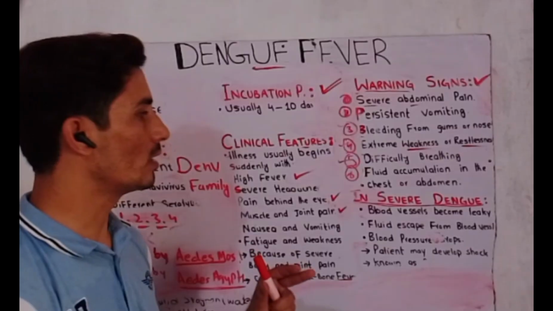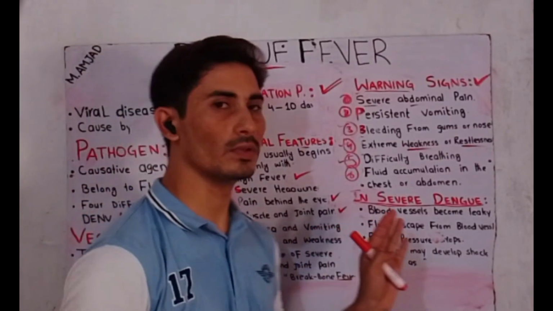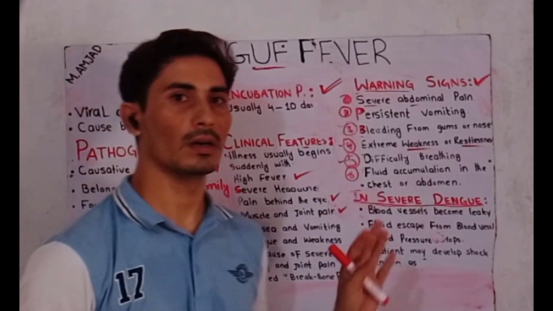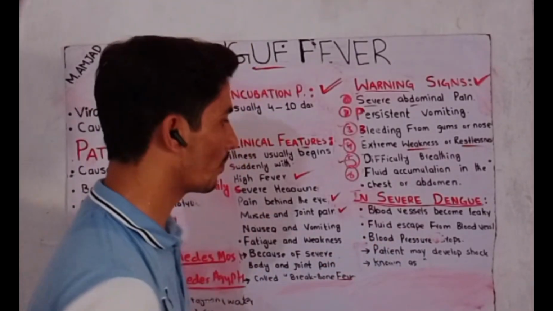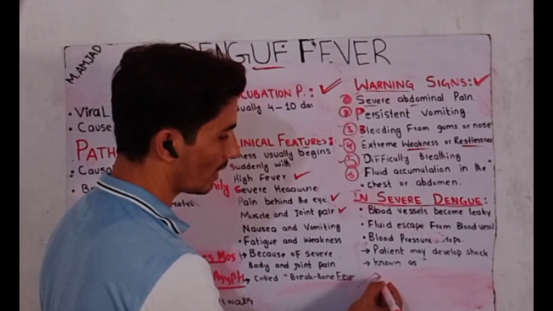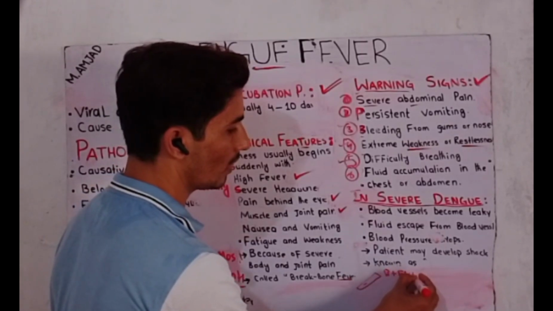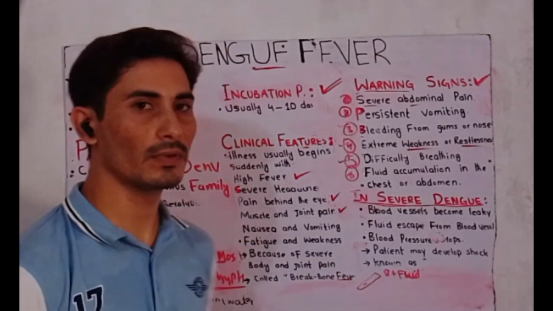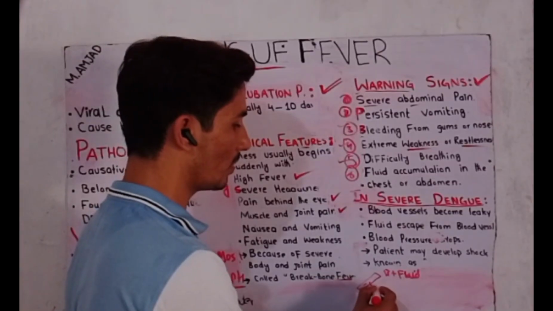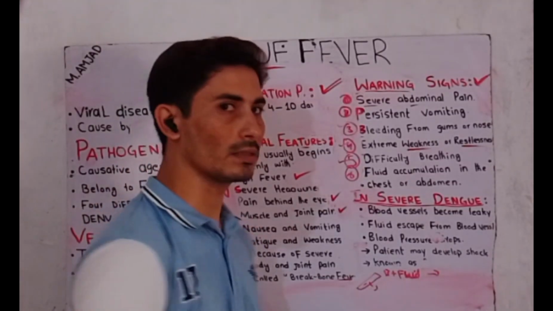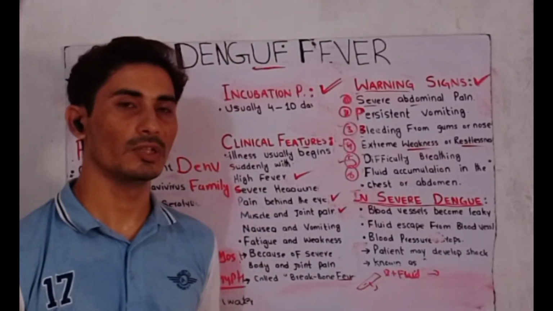And the most important thing I want to discuss with you is what happens in severe dengue fever. Your blood vessels contain blood plus fluids. In severe dengue fever, the blood vessels become leaky, and the fluid escapes from the blood vessels into the surrounding tissue.